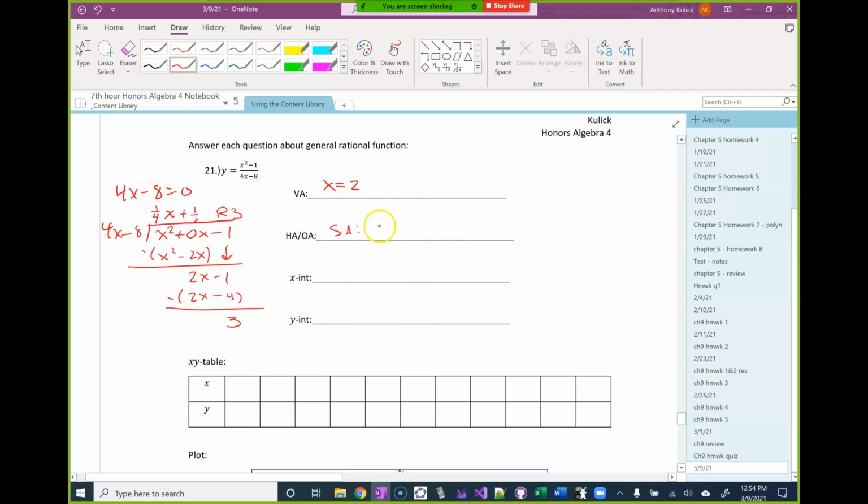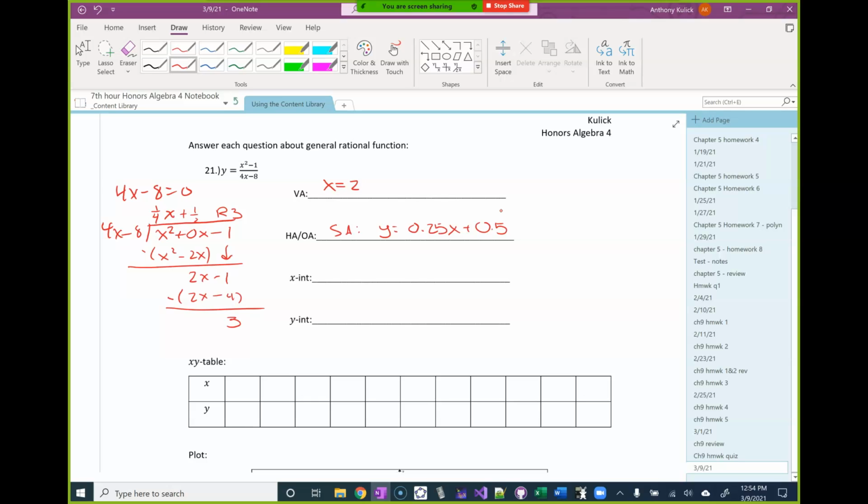So I have a slant asymptote at y equals 0.25x plus 0.5. Again, I just converted those fractions to decimals because if we're going to graph this, it's a little more convenient to deal with decimals than fractions, right? Does that feel okay, Sienna?